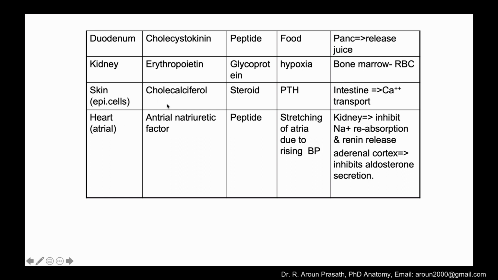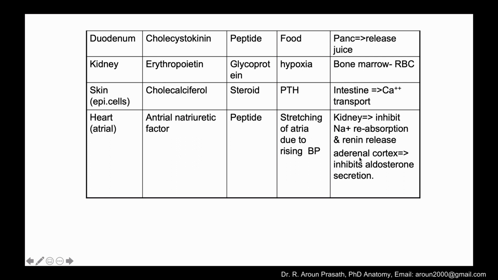Then the skin secretes cholecalciferol, which helps the intestine with calcium transport. Then the heart produces atrial natriuretic peptide, which acts on the kidney to help in sodium reabsorption and renin release.